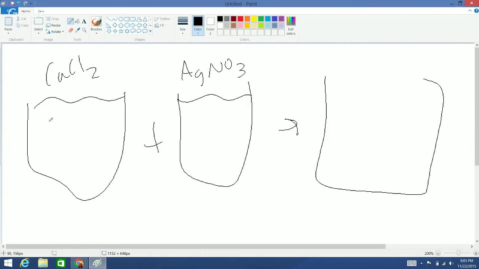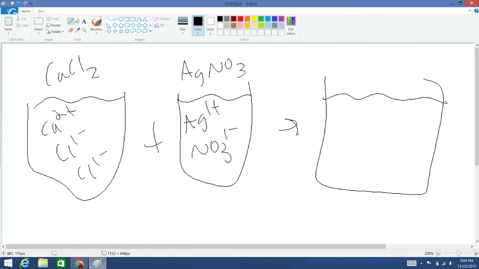I can know that by my solubility chart, so that means I want to show it as ions. I have 2 chlorine ions for every 1 calcium ion. Then I want silver nitrate. Silver nitrate is also aqueous in water, so I'd want to show those as separate ions. And when they react in solution, they're going to create silver chloride and calcium nitrate.